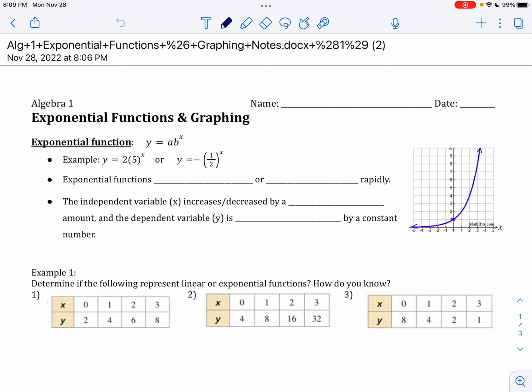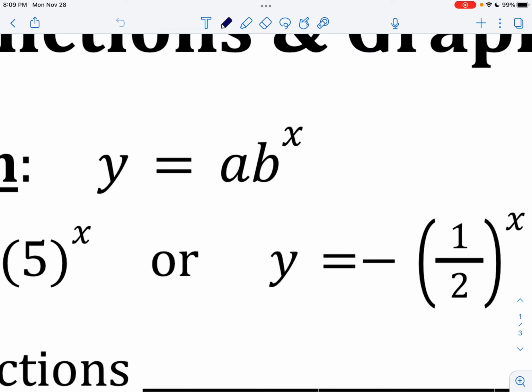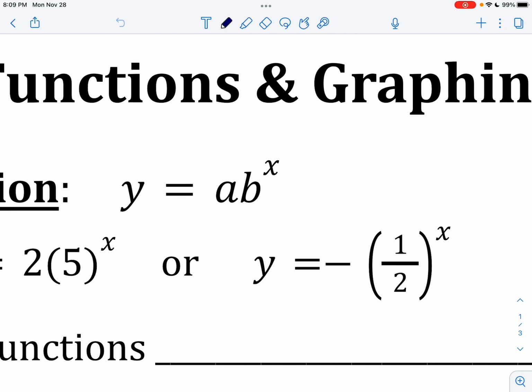So exponential functions. If we look here, an exponential function is in the form y equals a times b to the x power. So now we have this x power, which is making it an exponential, okay?